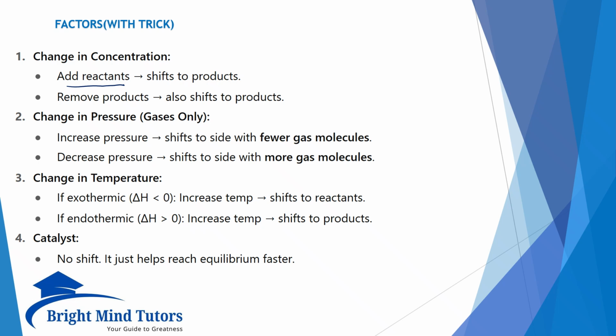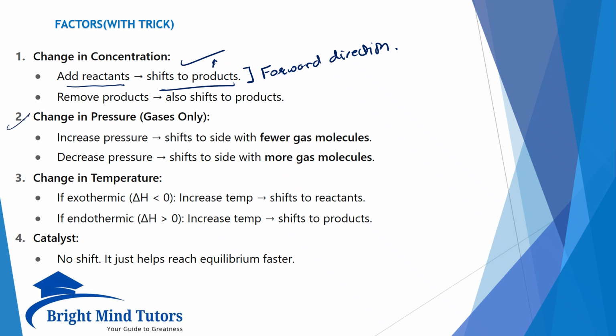It wants to consume whatever extra amount of reactants have been added, which basically means it's going to make more product. So we will say forward direction. The equilibrium tries to move in the forward direction.